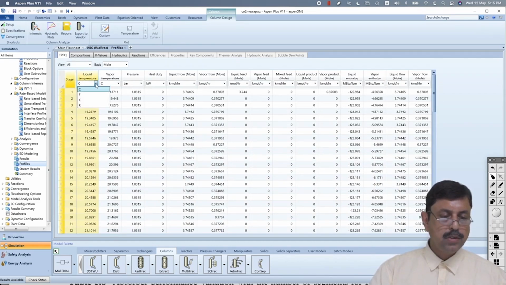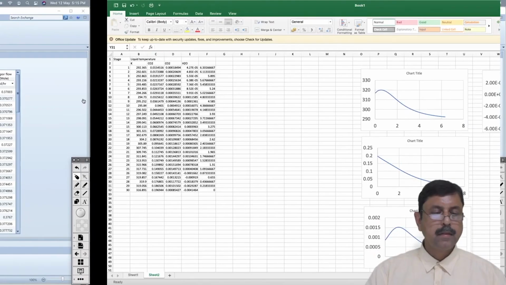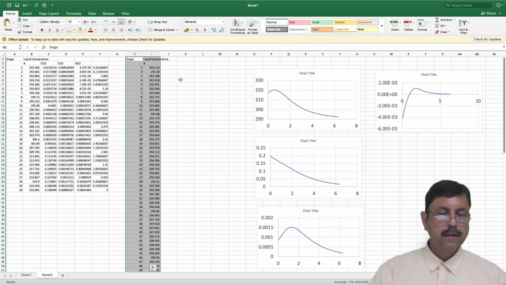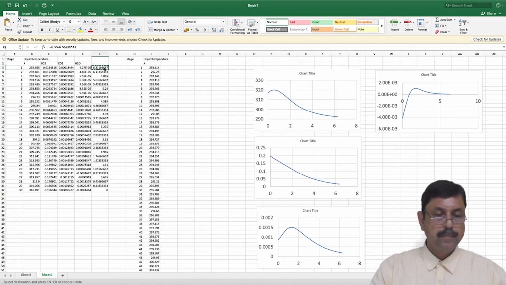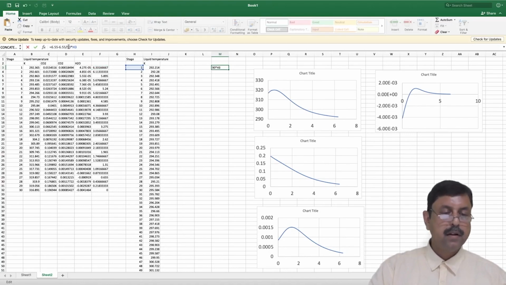Change it from centigrade to Kelvin. Copy. Place it over here. So instead of 30, we'll say 90 because we have 90 stages.